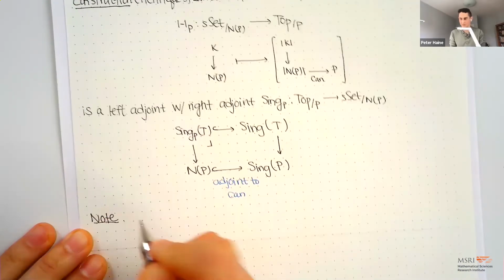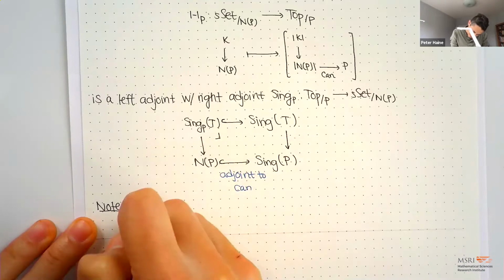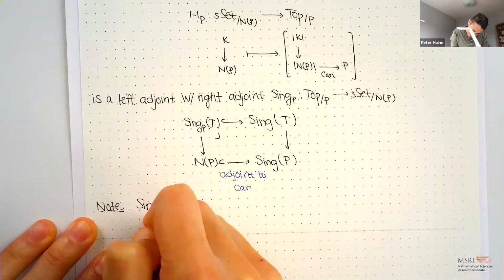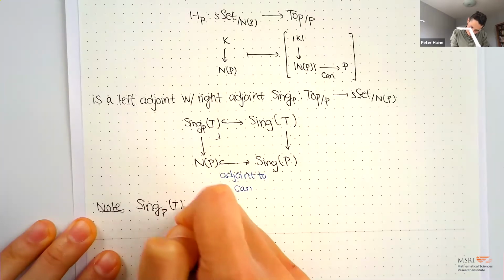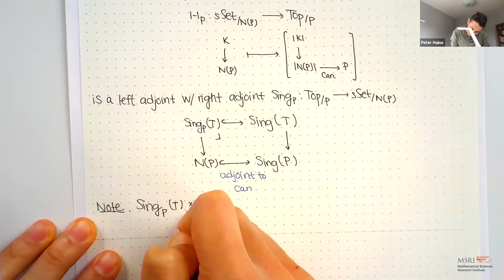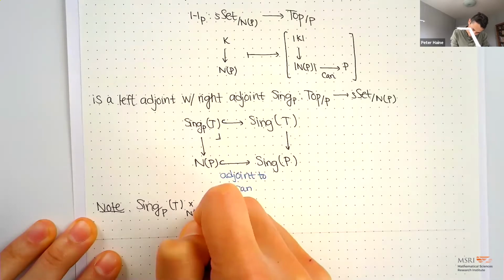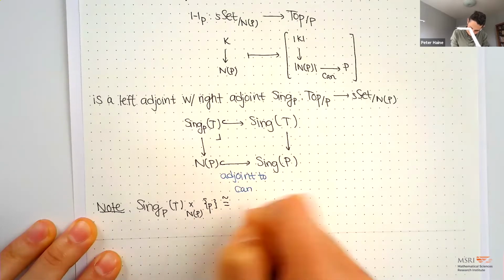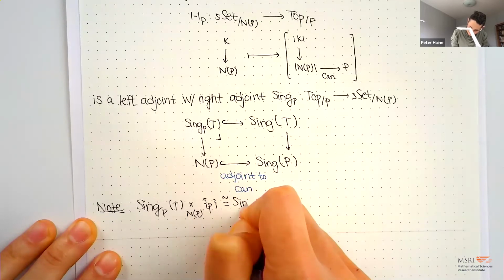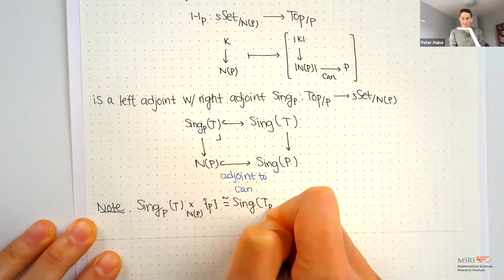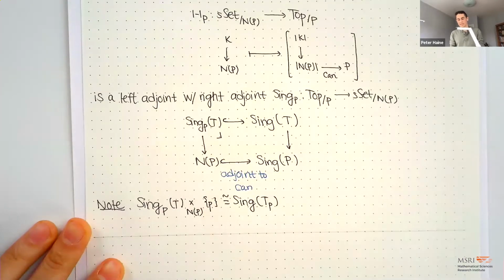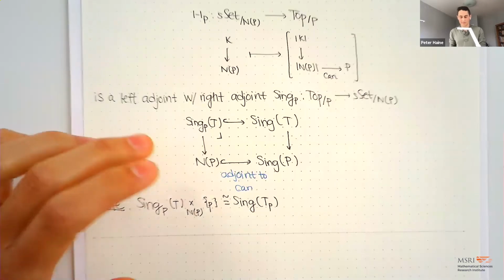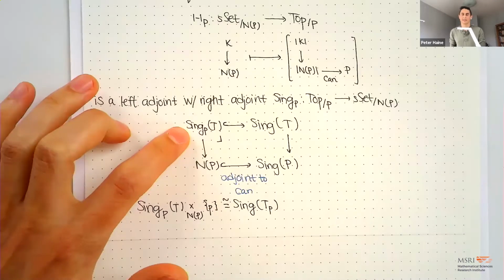If you trace through the definitions, if you take this sing P of T and cross it over the nerve of P with a point little p, this is just isomorphic to the simplicial set sing of the pth stratum. So this is looking good as a candidate for this exit path thing.